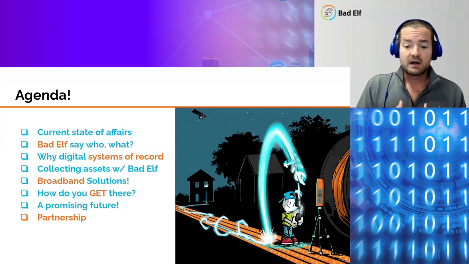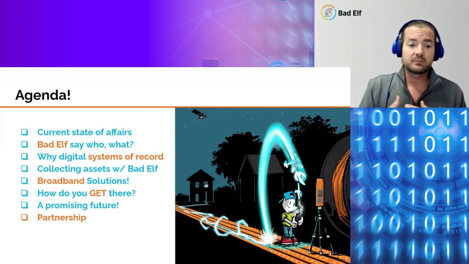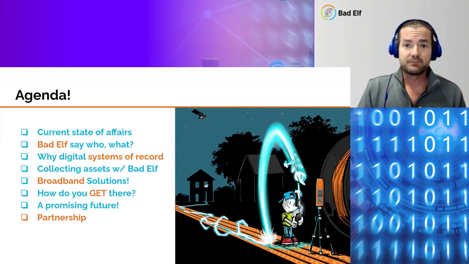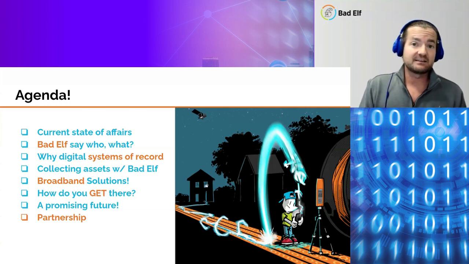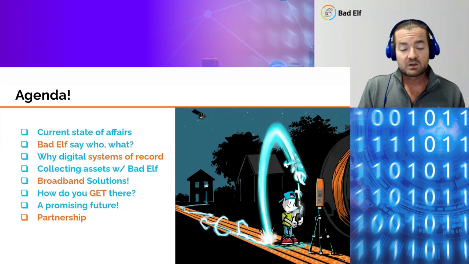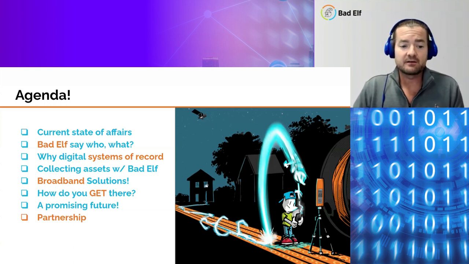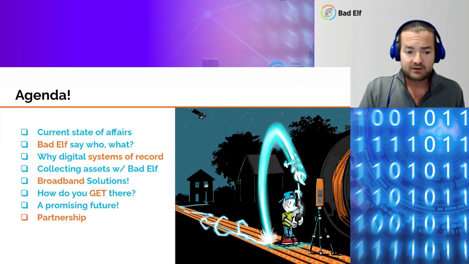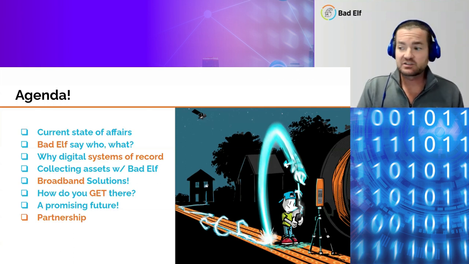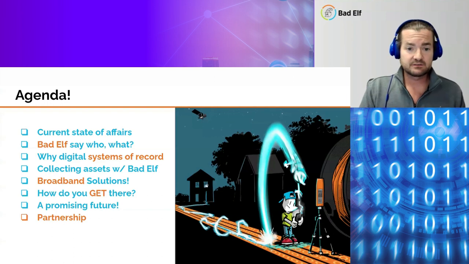And coming from a telecom background myself for a number of years, I can say that there is a digital divide, and I agree with Catherine's sentiment. We'll talk about how we go out and collect these assets for these digital records. We'll talk about some custom solutions, how you get there, and we're going to wrap up with a very friendly discussion on what are called smart cities.